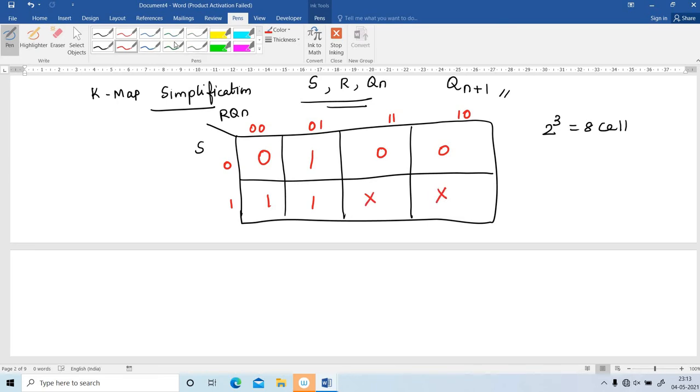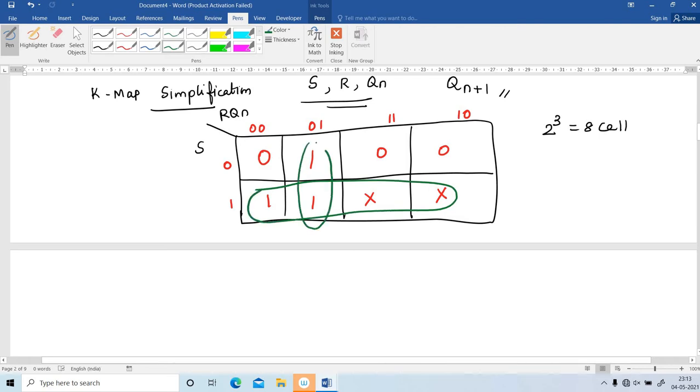Now I am going to combine the cells together. The maximum cells are combined together, including don't care state. Then only the logical expression is somewhat reduced. So Qn plus 1 equal to, here what about this?